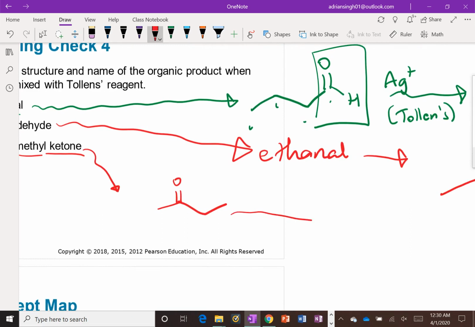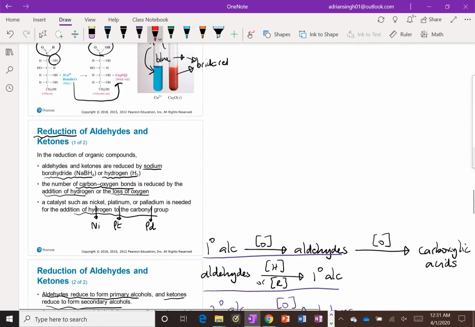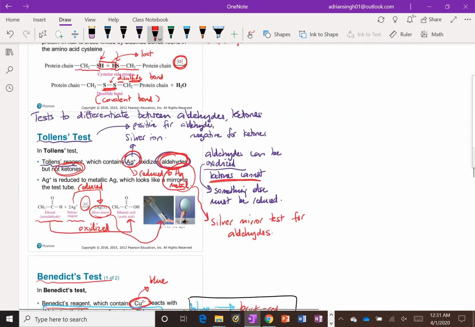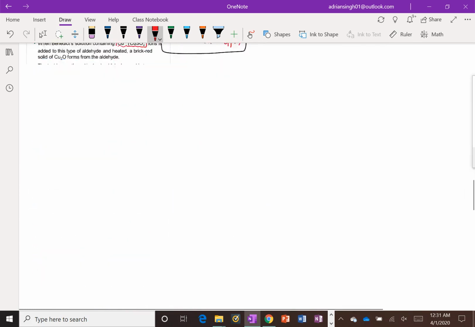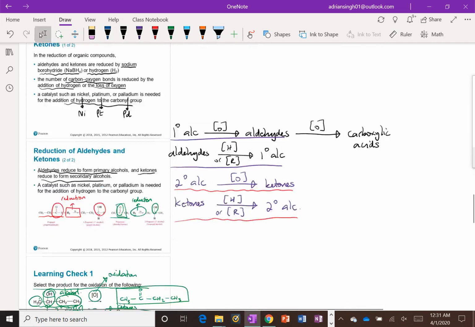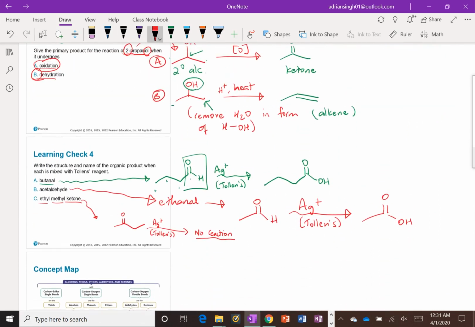If we subject this to the Tollens reagent, we wouldn't expect anything to happen, because if you remember, the Tollens test oxidizes aldehydes, but not ketones. So we're not going to see that silver mirror if we use a ketone with the Tollens reagent. We're not going to see a reaction in this case.